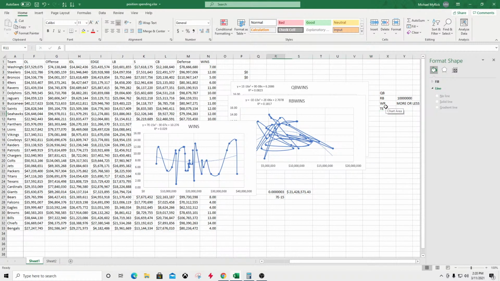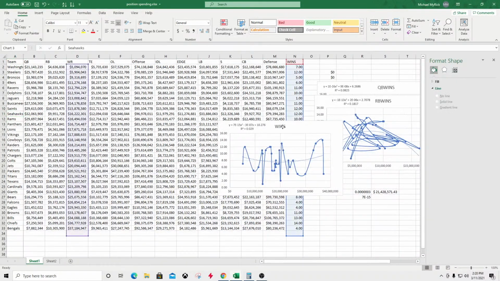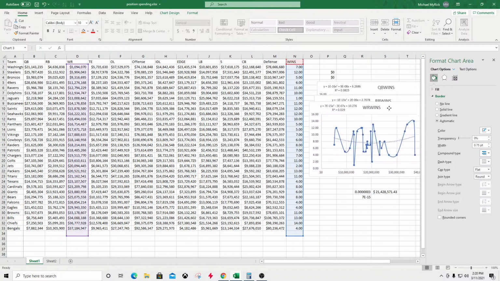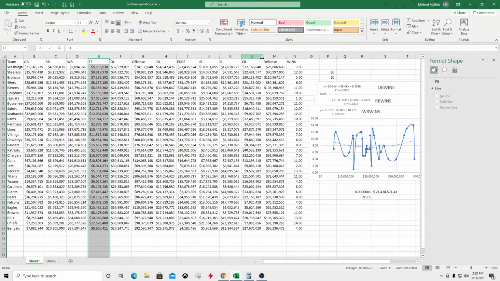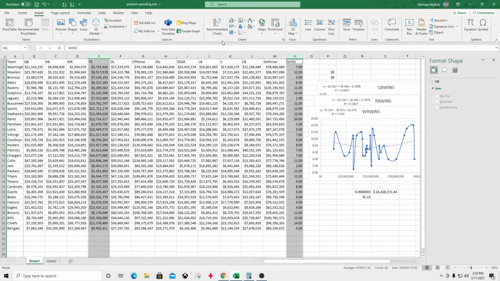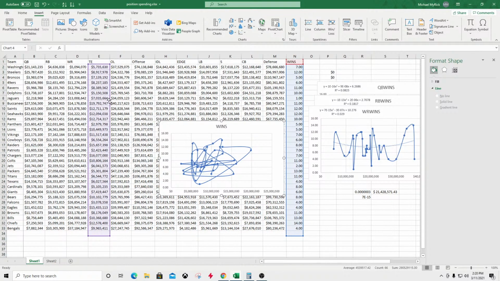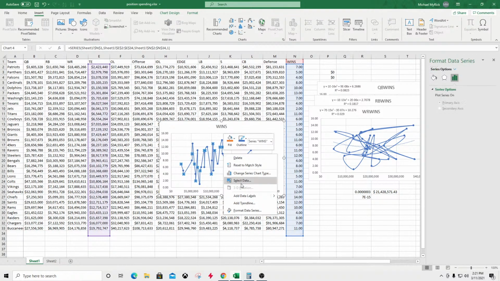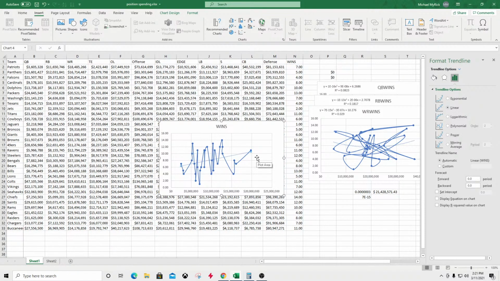I think that's a tight end next. This one. See that?